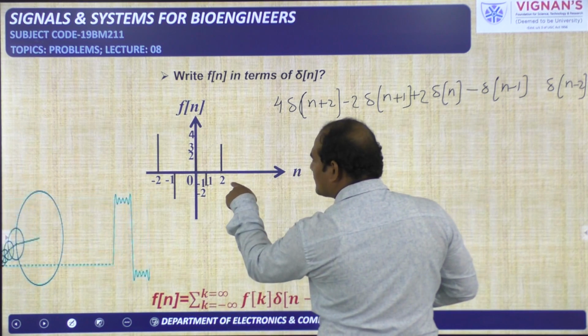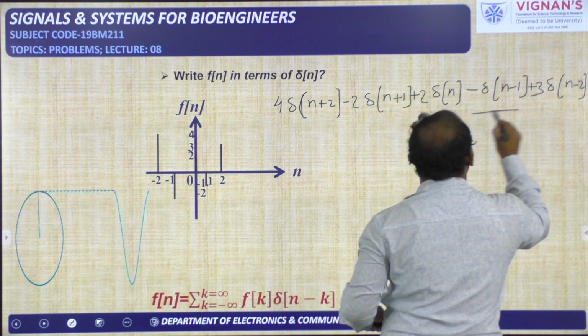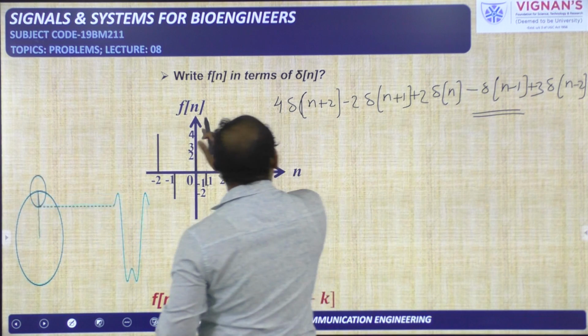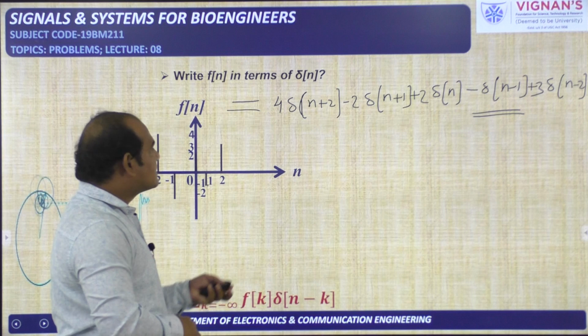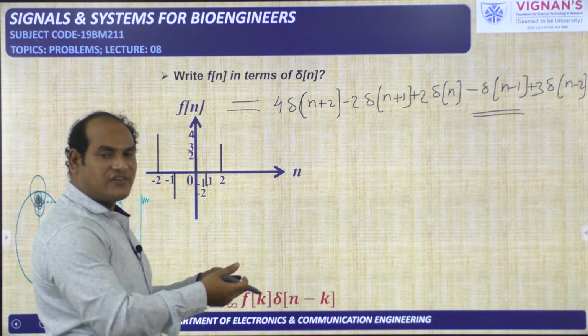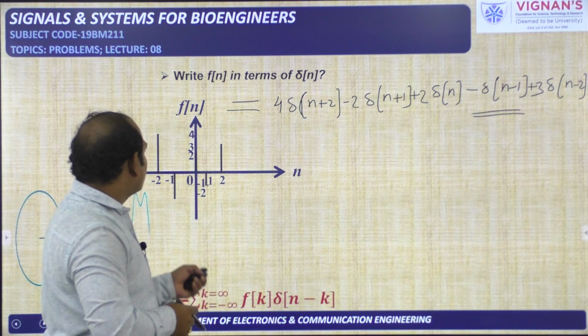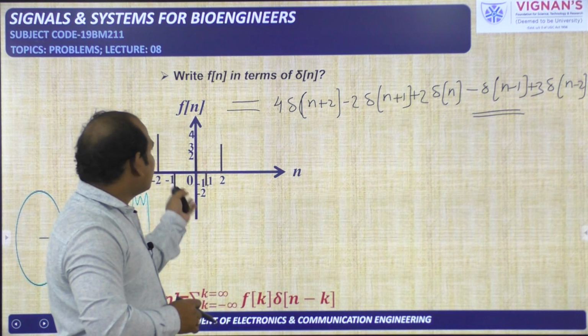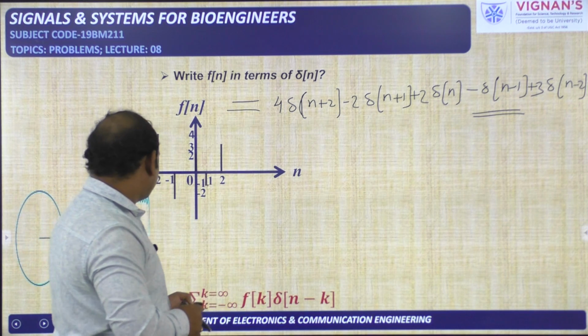Next sample is available at n is equal to 2 with amplitude 3, so you take here plus 3. Over. We have represented f of n in terms of the discrete time impulse signal by modified versions, that may be shifting or amplitude scaling. Okay, so all these are samples only. All these are modified versions of the impulse signal only.